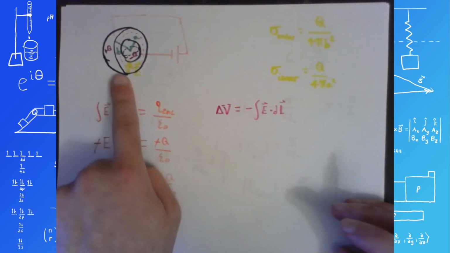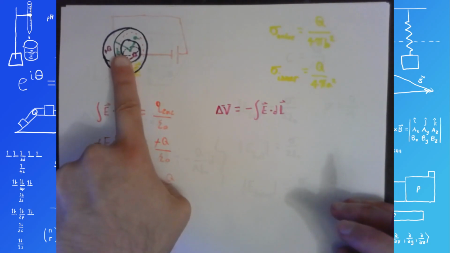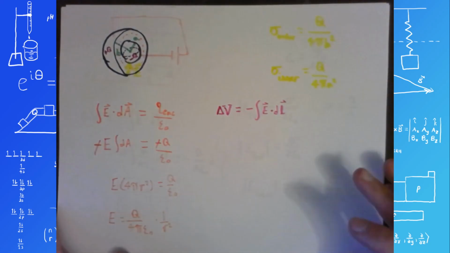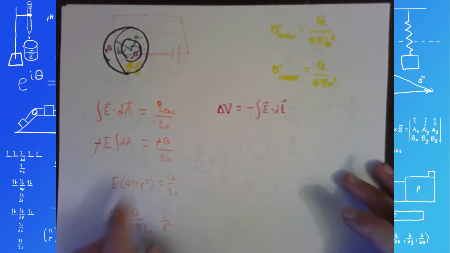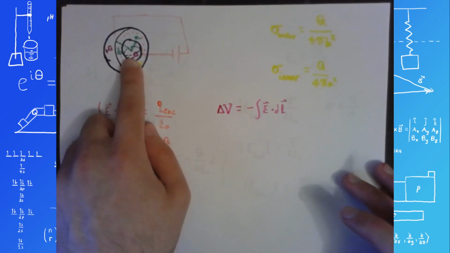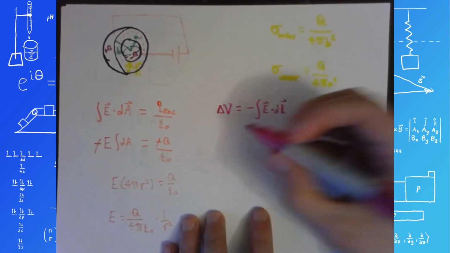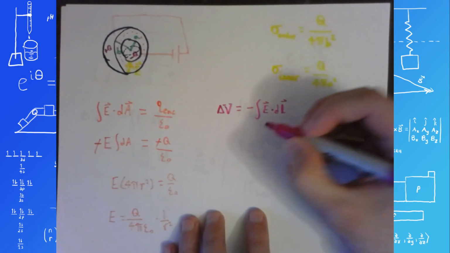E is in the inward radial direction, and I'm integrating also radially inward, so dl is in the direction of change in r.